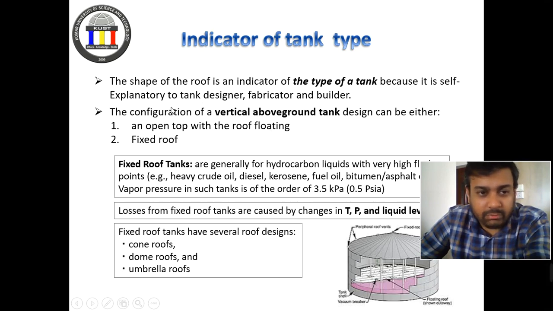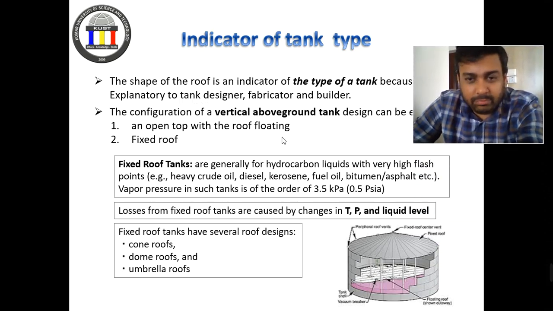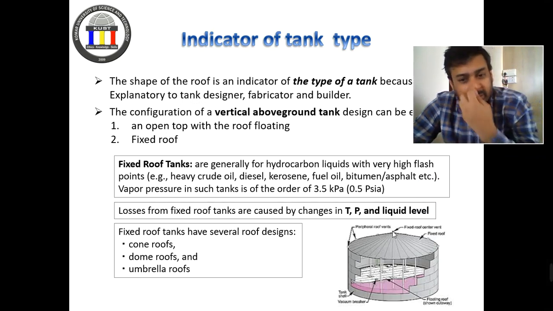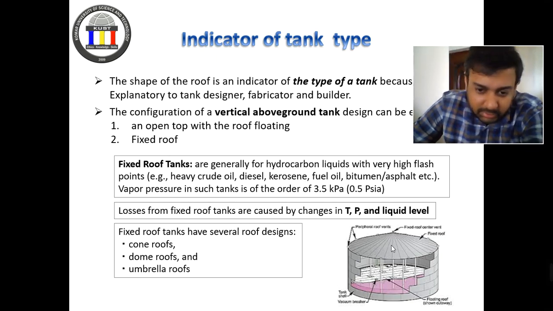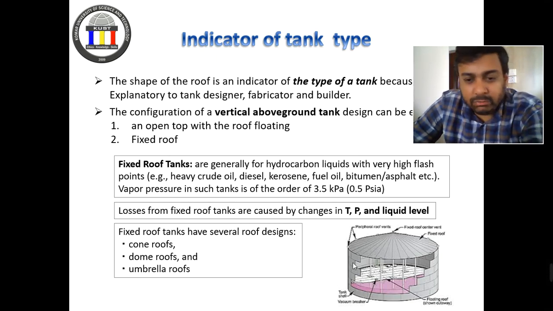Let's talk first of all about the open roof and atmospheric tanks, the fixed roof tanks. These tanks are for hydrocarbon liquids with very high flash points. From the picture you can see the way the shape is made; it tells you which kind of storage tank it is. For example, this one is an atmospheric tank, a very clear picture of an atmospheric tank.